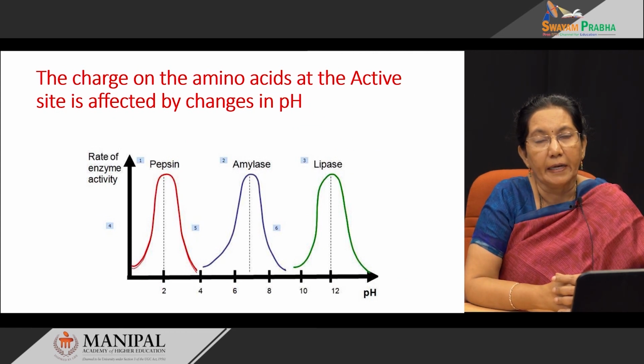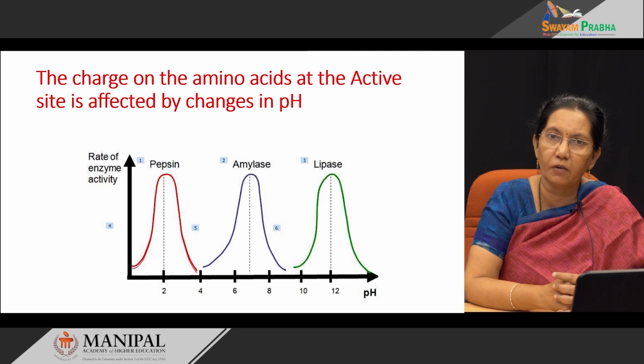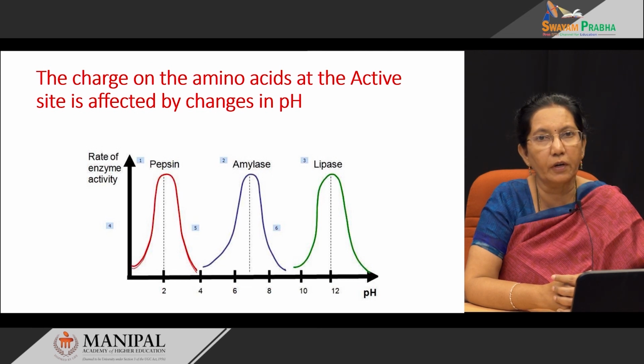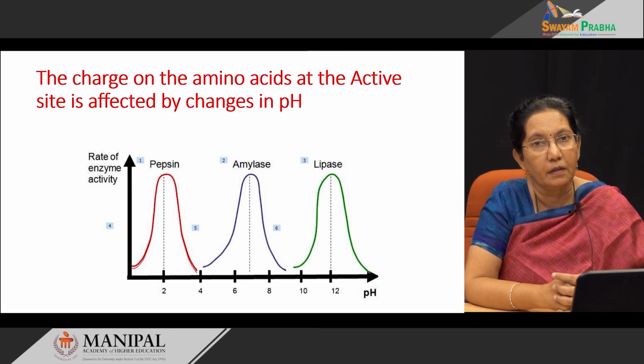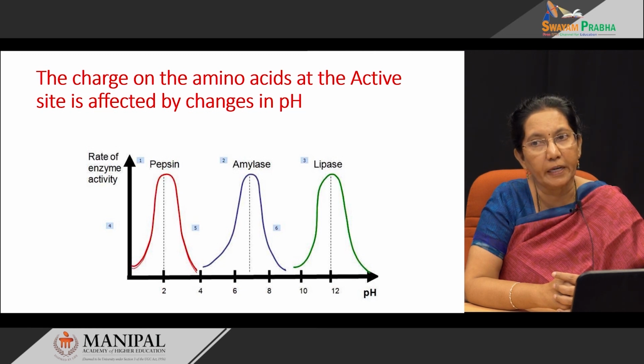Since amino acids make up most of the portion of the active site, any change that happens in the pH of the milieu or the pH of the surroundings of an enzyme is going to affect the charges on the active site. When the charges are affected, the functioning of that enzyme also gets affected. Therefore, we see that certain enzymes have certain optimum pH.